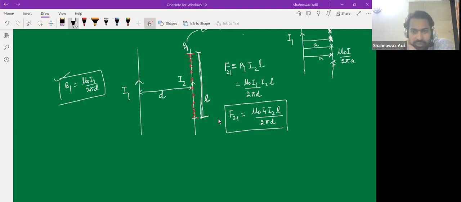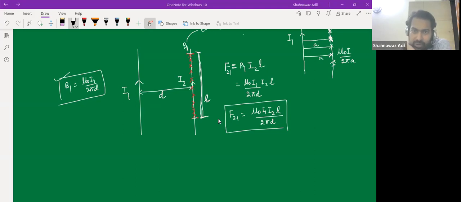So tell me what would be the direction of the force. Right, left, up, down, inwards or outwards?